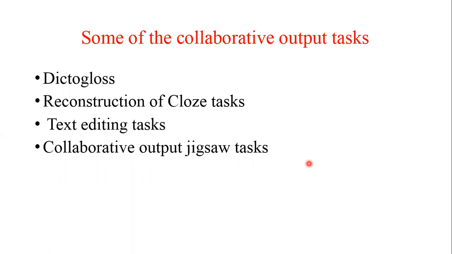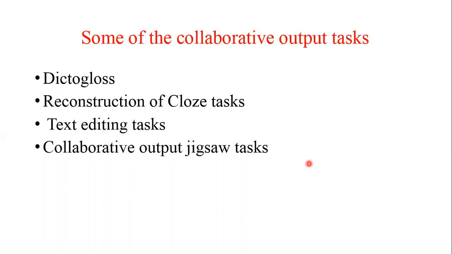Students work together in order to figure out the errors and correct them, and then compare with the original text. In this way, students improve their listening skills because they try to listen, and also improve their language skills. This is a text editing task.